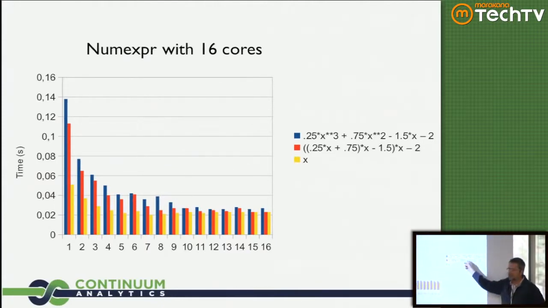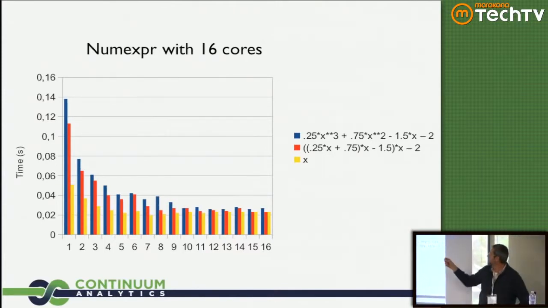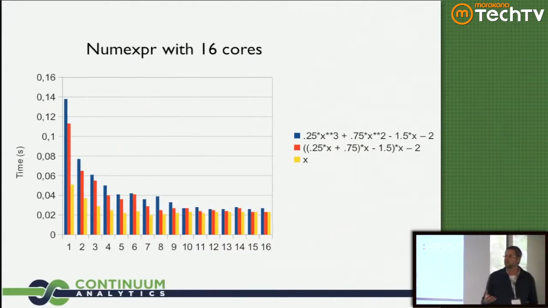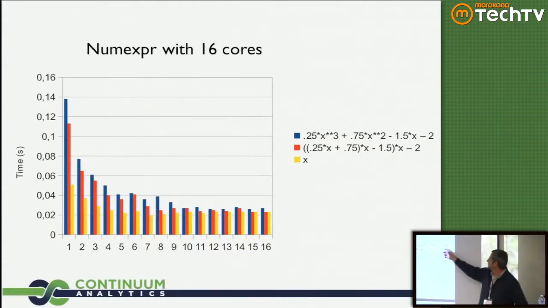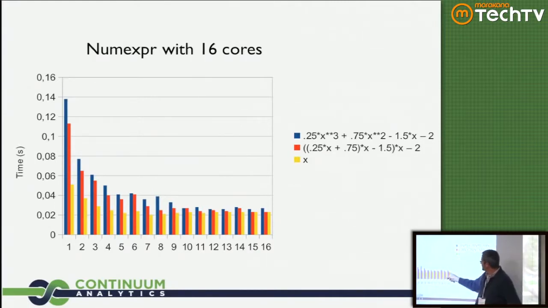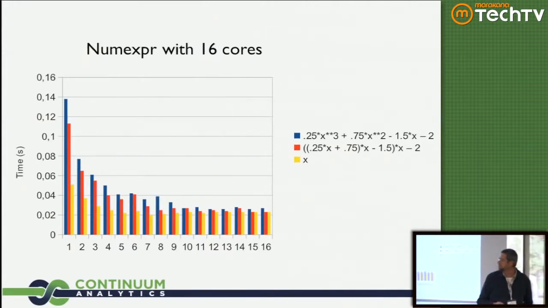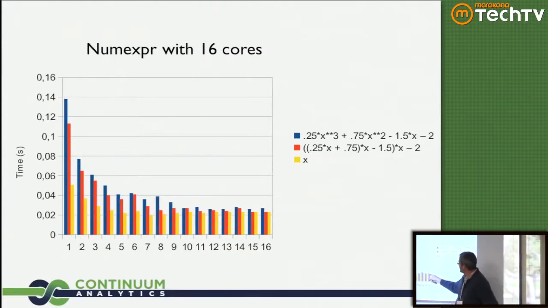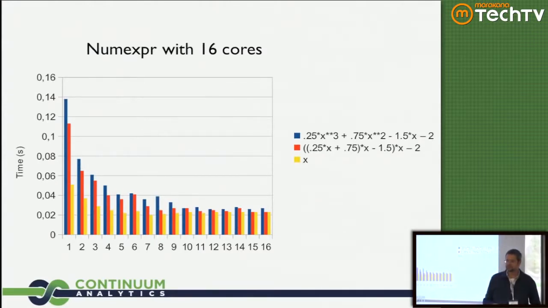That means that for Numexpr, you don't really mind too much if you use an optimized version of your expressions or not. Numexpr is normally able to manage the complexity for you. And when you're not doing operations at all, Numexpr is able to reach almost the same performance. That is because, in this case, the bottleneck is memory access. It's not CPU.